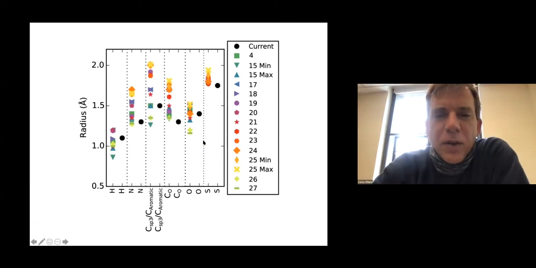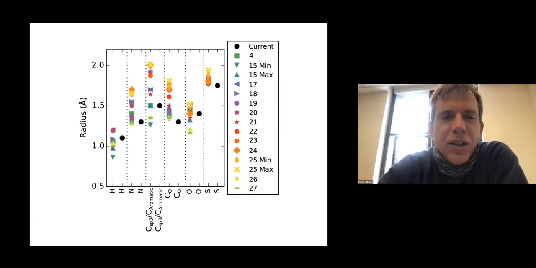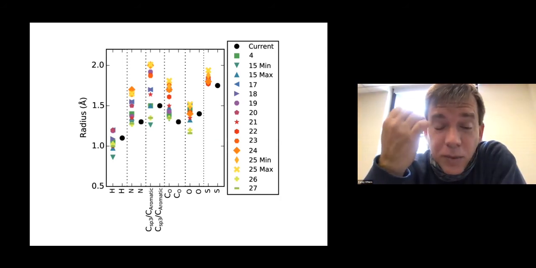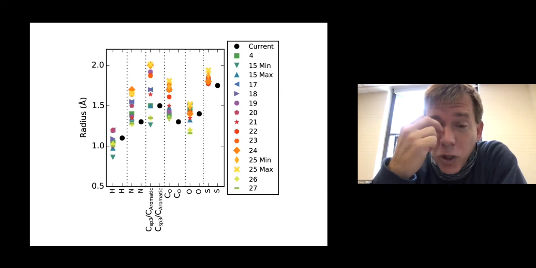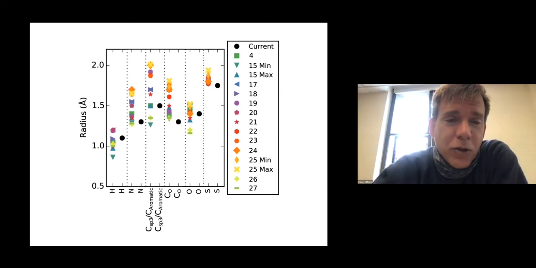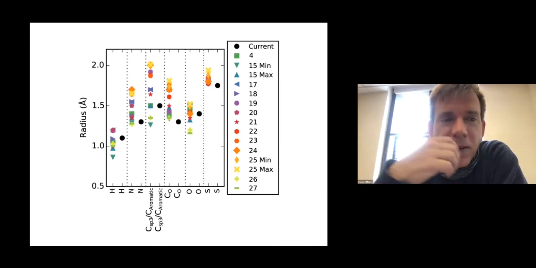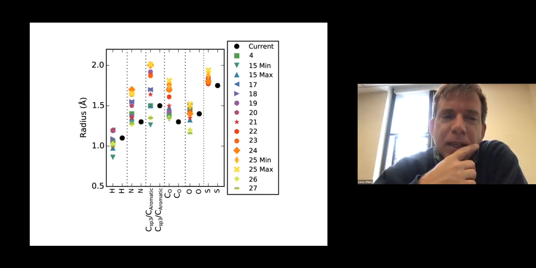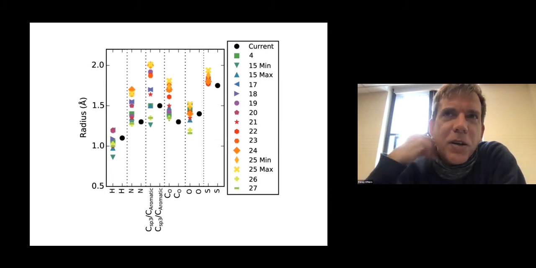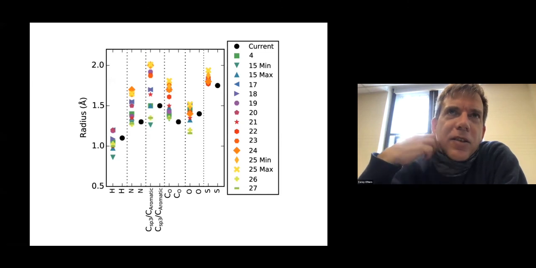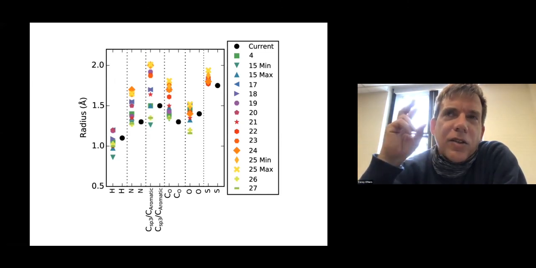What I want you to imagine is that I don't know the sizes of the atoms a priori. There's no Wikipedia page or lookup table where I can just say this is the size of each atom, because the size of an atom is an intrinsically quantum mechanical phenomenon. In that sense, the size of an atom could depend on its conditions.